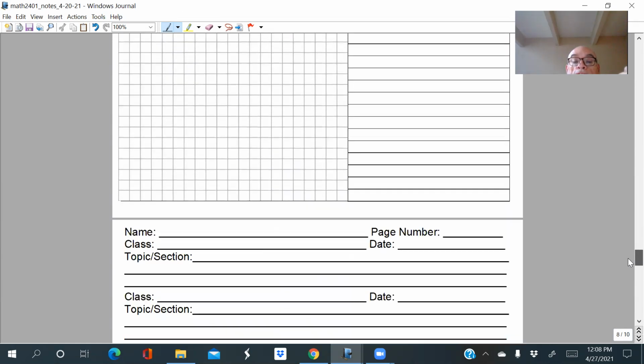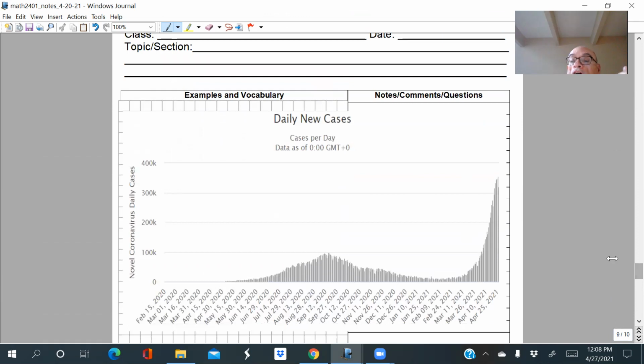So here's a quantity that is really in the news these days, okay? This is of interest to people all over the world. This is the graph of daily new cases of COVID, of course, but this is in India.